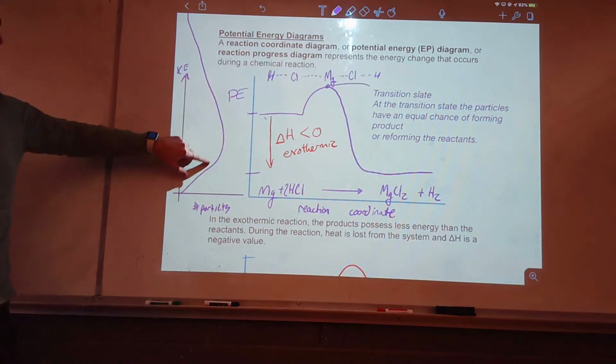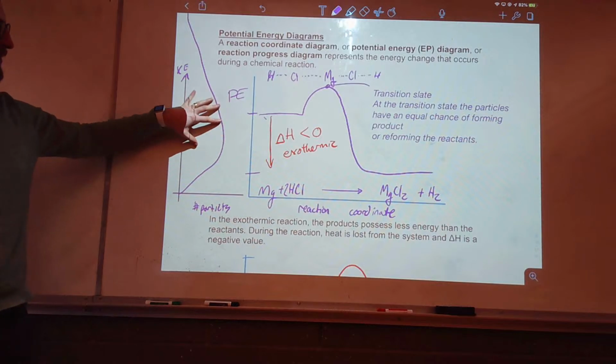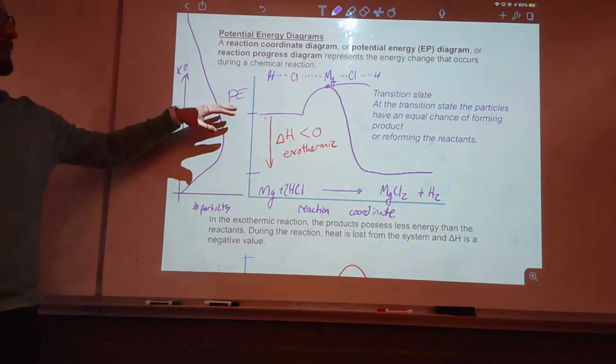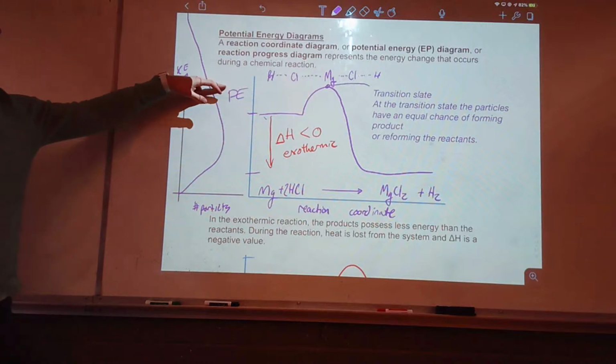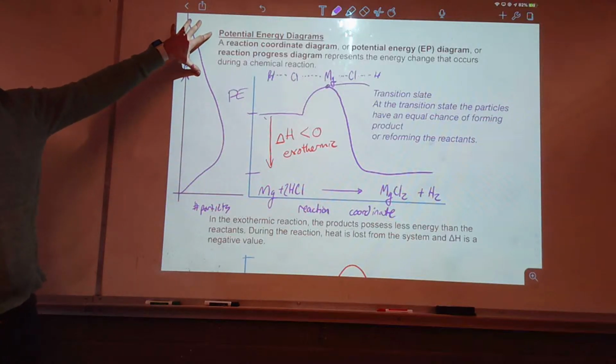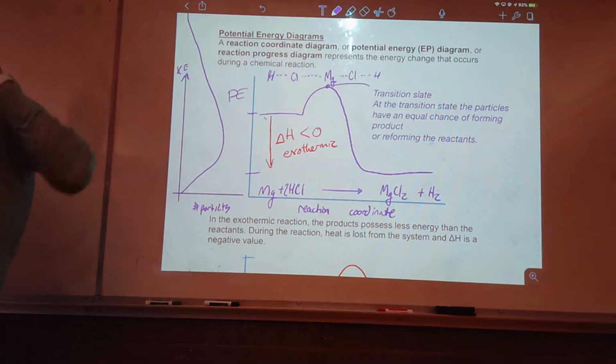All of these are magnesium and hydrochloric acids that are all bouncing around down here, not interacting at all. But only the ones that have a kinetic energy that's over that hump will actually be able to react. And as soon as they react, it should be almost instantaneous. And so any of these particles have the ability to react. So why doesn't the reaction happen instantaneously? They still have to bounce with the right orientation.